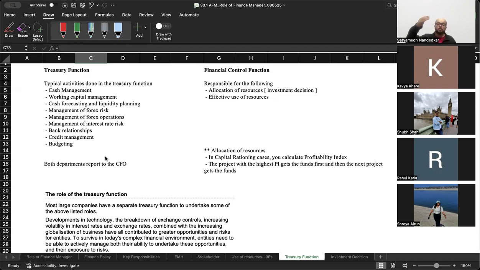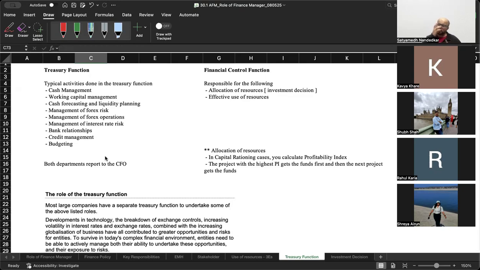It also does cash flow forecasting and liquidity planning, negotiating with banks for the cheapest possible forex rates, or negotiating with the bank for interest rates, and deciding which hedging instrument to use. Then maintaining relationships with the bank, credit management, budgeting. All of these are the responsibility of the treasury function.